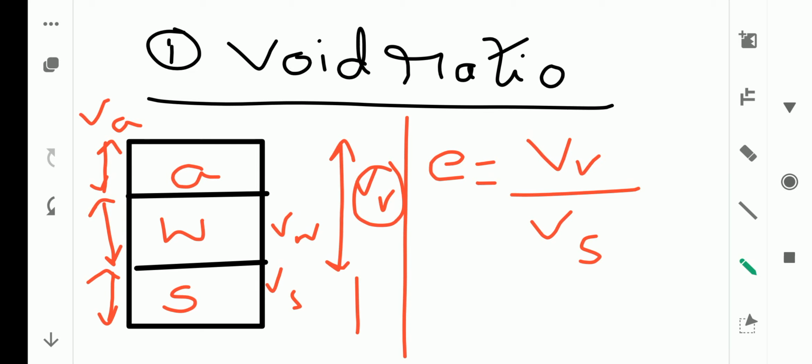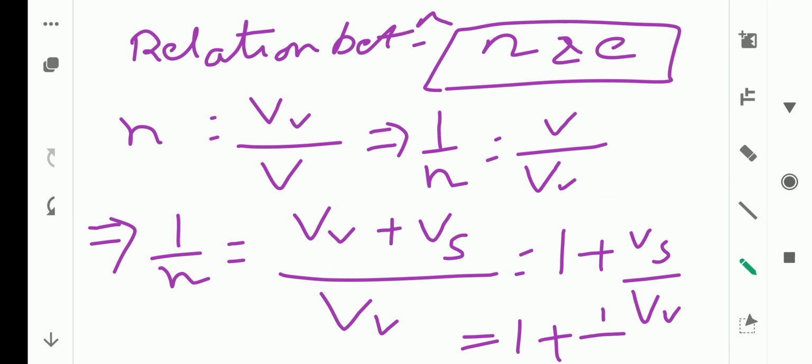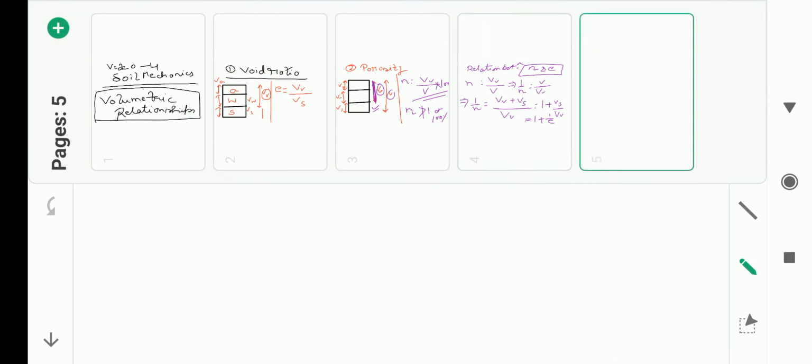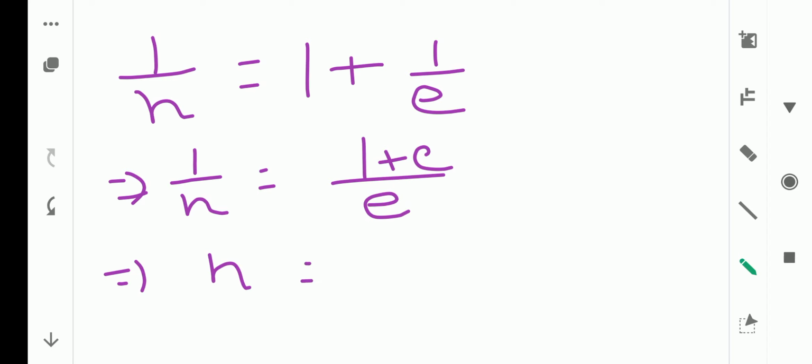It is 1 upon e. So what we have found here, that 1 upon n is equal to 1 plus 1 upon e, or 1 upon n is equal to 1 plus e upon e, or n is equal to e upon 1 plus e.